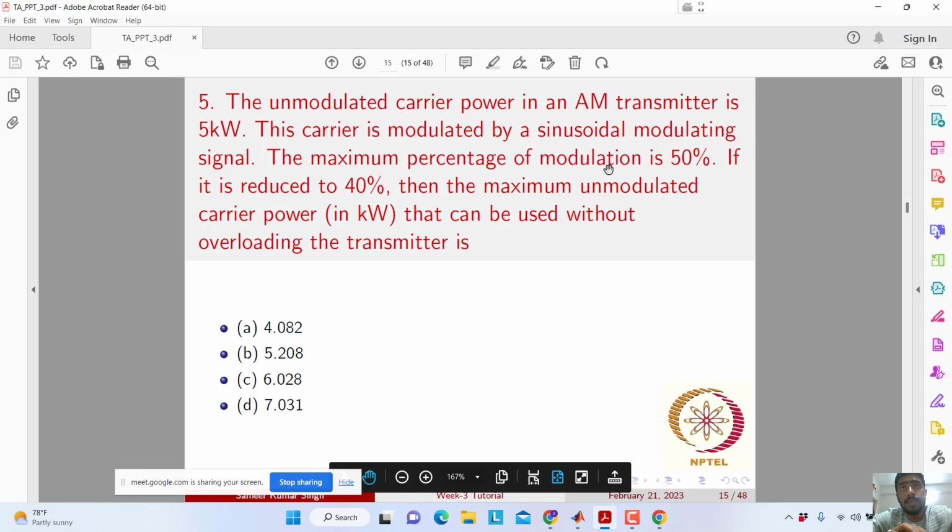Here the maximum percentage of modulation is 50%, so we can consider mu is 0.5. If it is reduced to 40%, now we are reducing. So find the maximum unmodulated carrier power. The significance of the overloading is just like overmodulation.